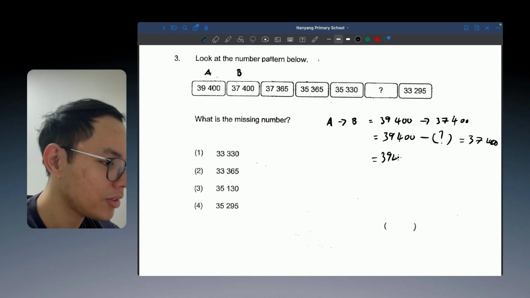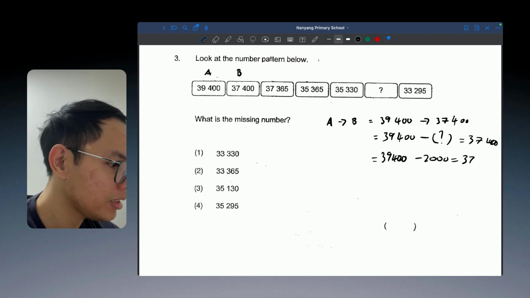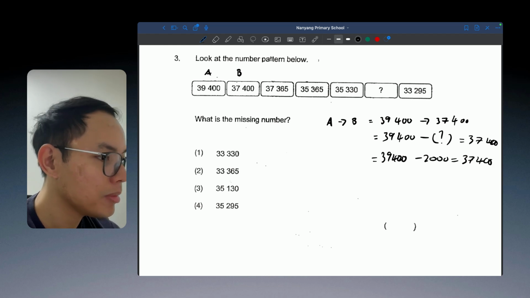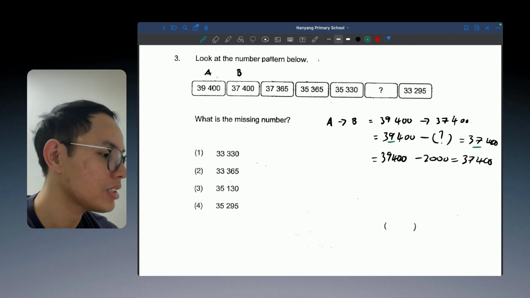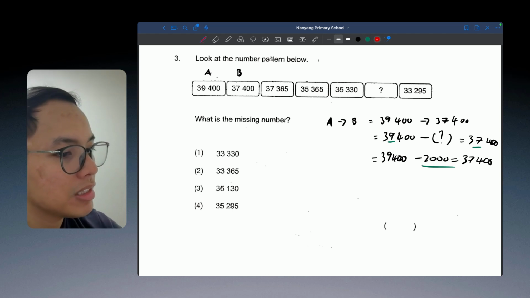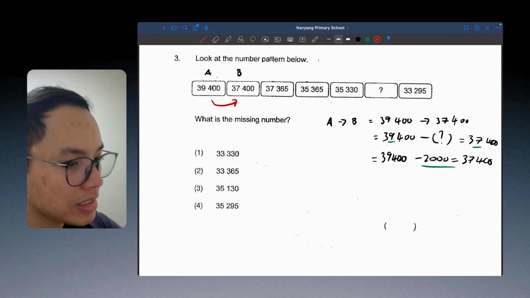It's 39400 minus 2000, and this will get 37,400. Because the 9 and the 7 are in the thousands place, that's why you have 2000. So that means the pattern over here is minus 2000.